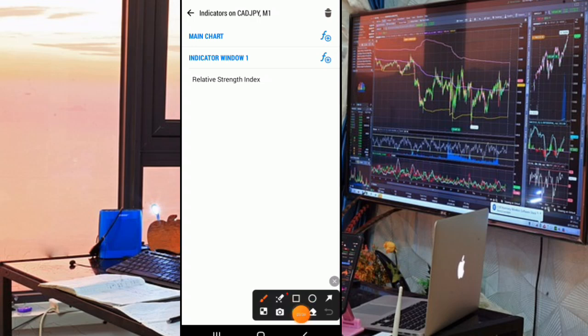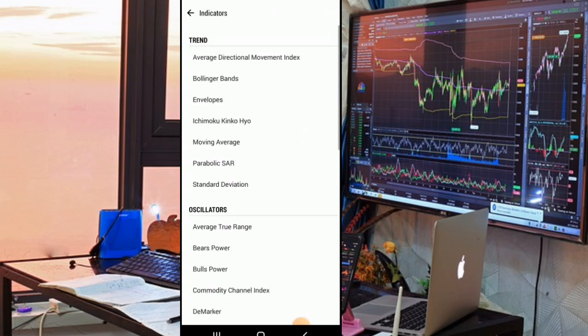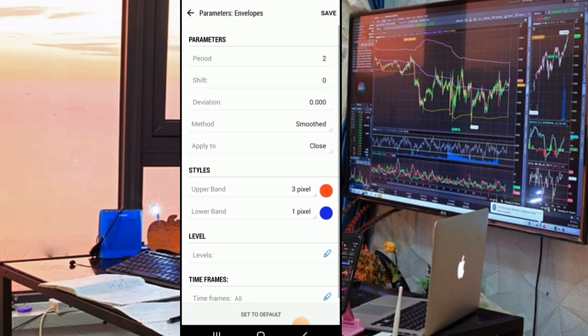But right now we're not going to use the main chart, so we're going to use indicator window 1, and we click it, and now we are looking for envelopes. So envelopes is this one, so we just click on envelopes, and then let's calibrate our envelopes indicator.